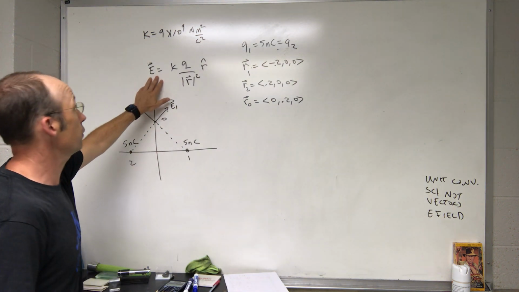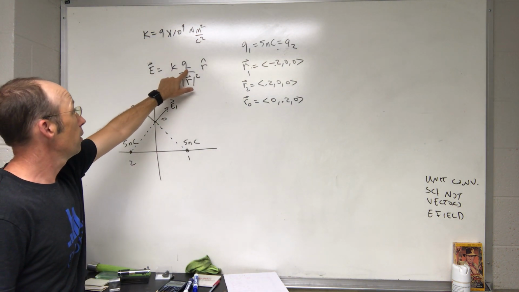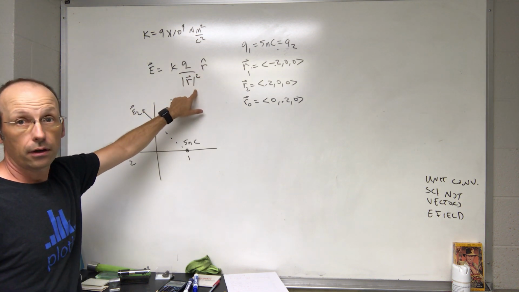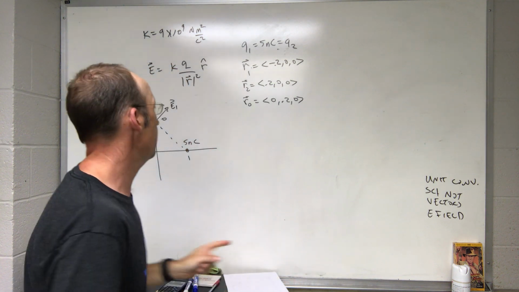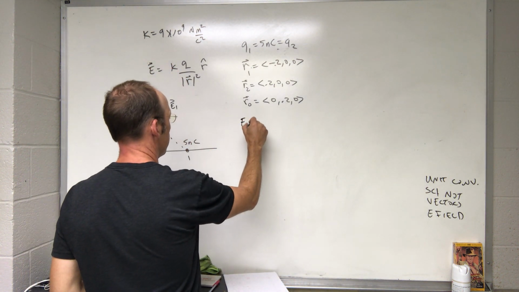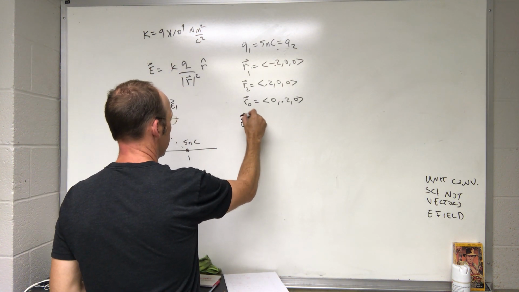So here's my expression for the electric field, kQ R hat over R squared. Again, the first thing I'm going to need to do is find R. Let's deal with E1. That's a vector.